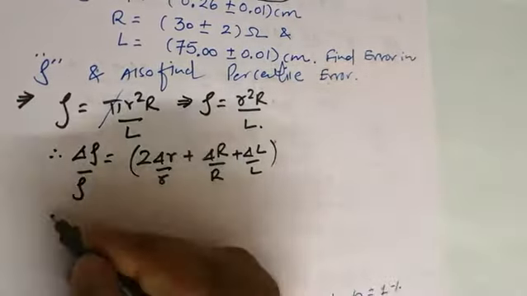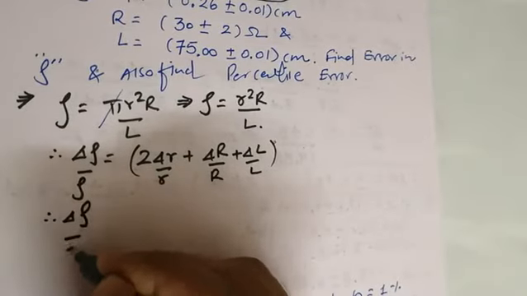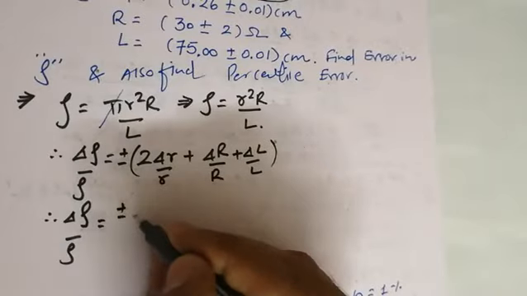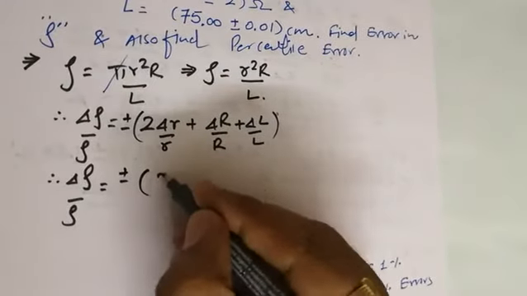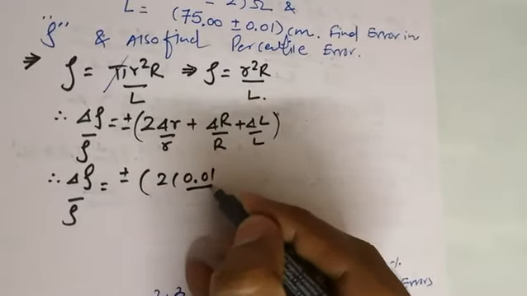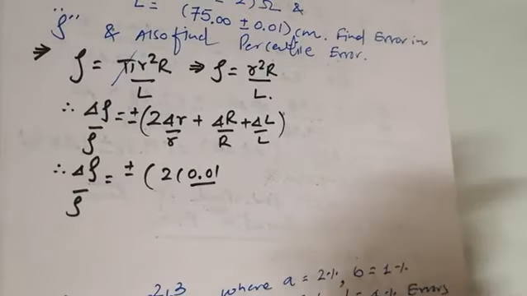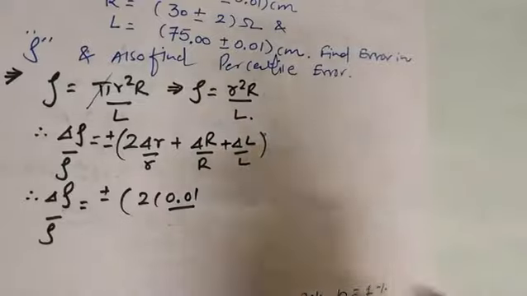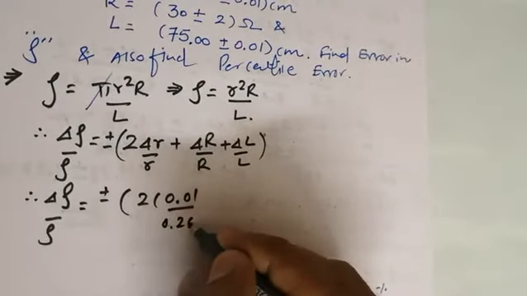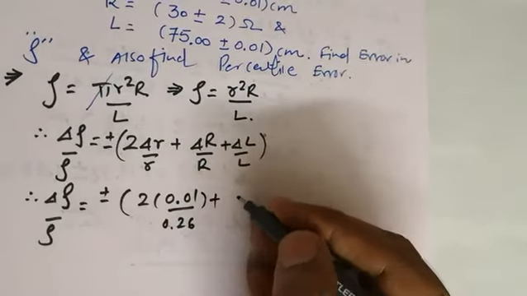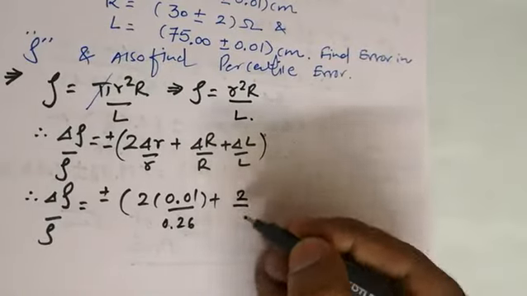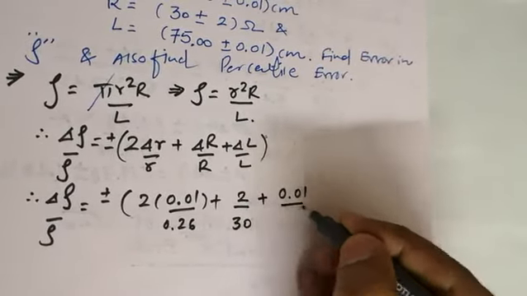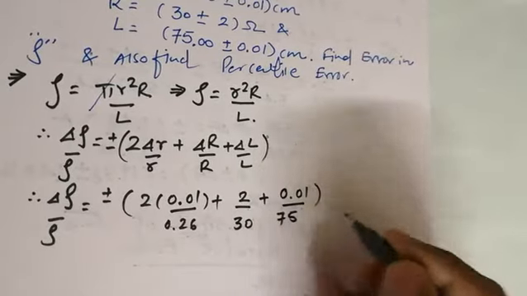So I can have delta rho by rho equal to plus or minus, I am placing plus or minus, 2 times 0.01, because I have been given that small r value is 0.01, divided by 0.26, plus delta R's value, which is 2, divided by 30, and I have 0.01 divided by 75.